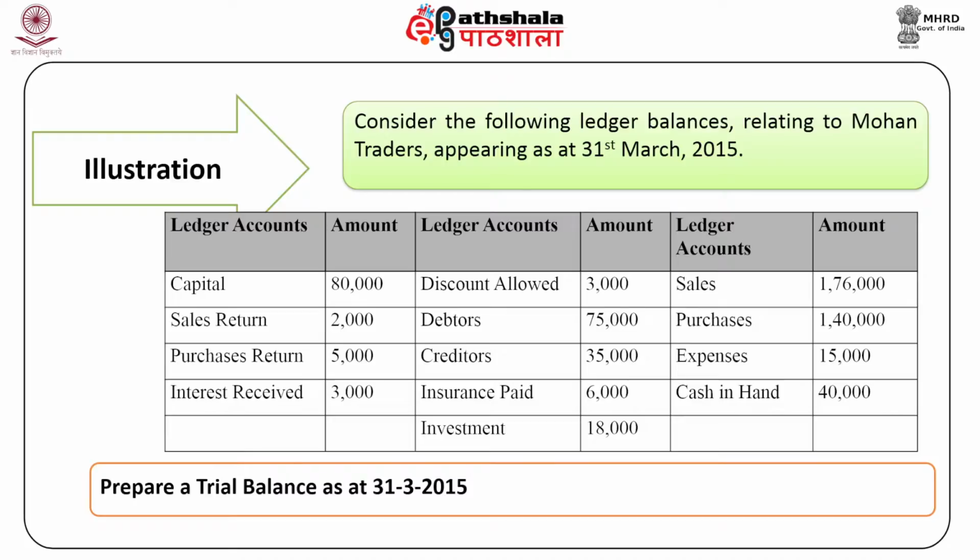Capital 80,000, discount allowed 3,000, sales 1,76,000, sales return 2,000, debtors 75,000, purchases 1,40,000, purchases return 5,000, creditors 35,000, expenses 15,000, interest received 3,000, insurance paid 6,000, cash in hand 40,000, investment 18,000. Prepare a trial balance as at 31/3/2015.